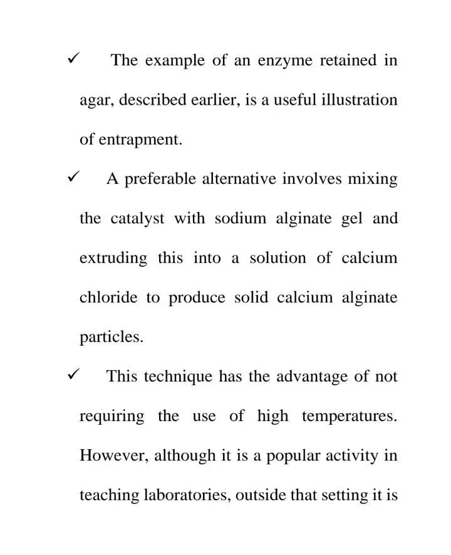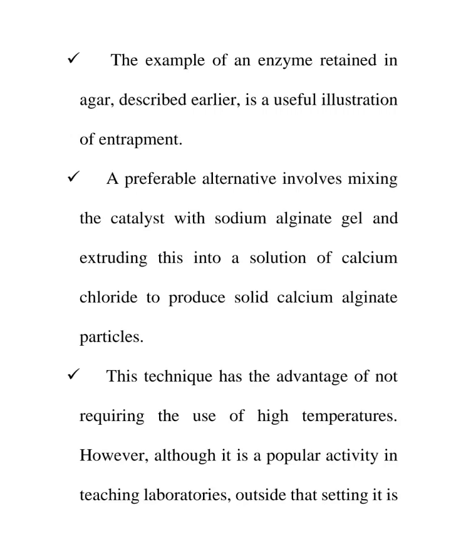The example of an enzyme retained in agar is a useful illustration of entrapment. A preferable alternative involves mixing the catalyst with sodium alginate gel and extruding this into a solution of calcium chloride to produce solid calcium alginate particles. This technique has the advantage of not requiring the use of high temperatures.